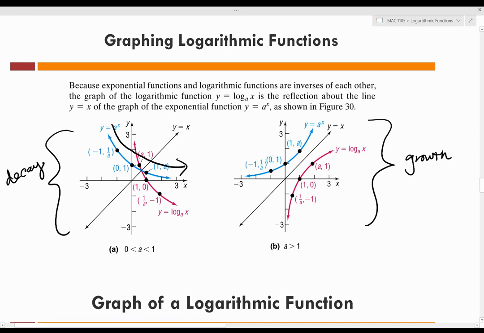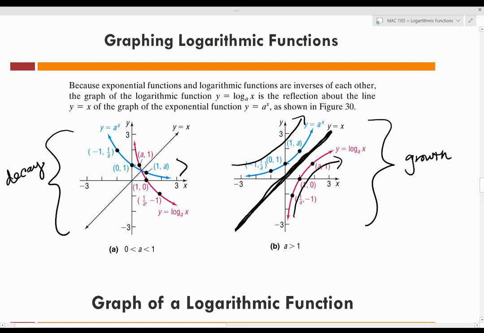Now, paired up on each one of these graphs is the inverse logarithmic function. For our growth graph, we can see that as our exponential function is increasing, so is our logarithmic function. And we will also see that they are symmetric across the line y equals x.